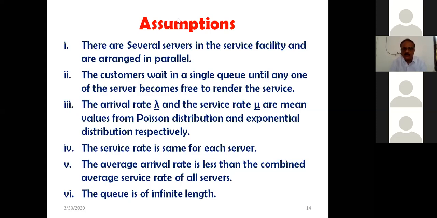We are finding the average service rate of all the servers, and it is expected that the arrival rate is always less than that. Then the queue is of infinite length. This is the case we have seen, infinite population.